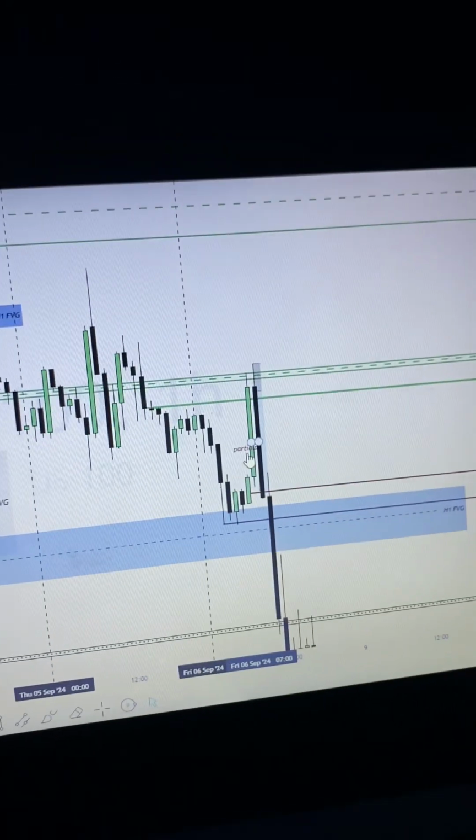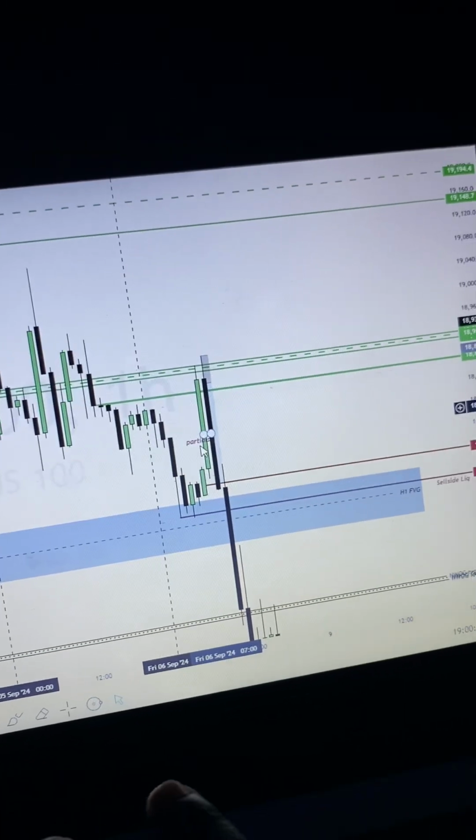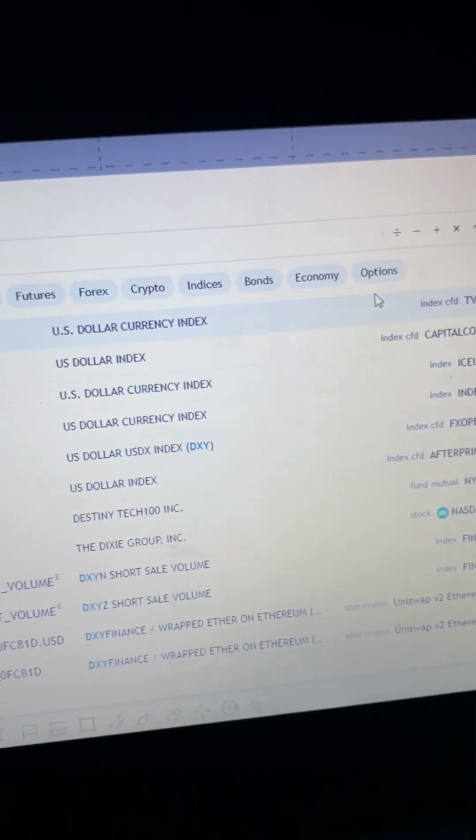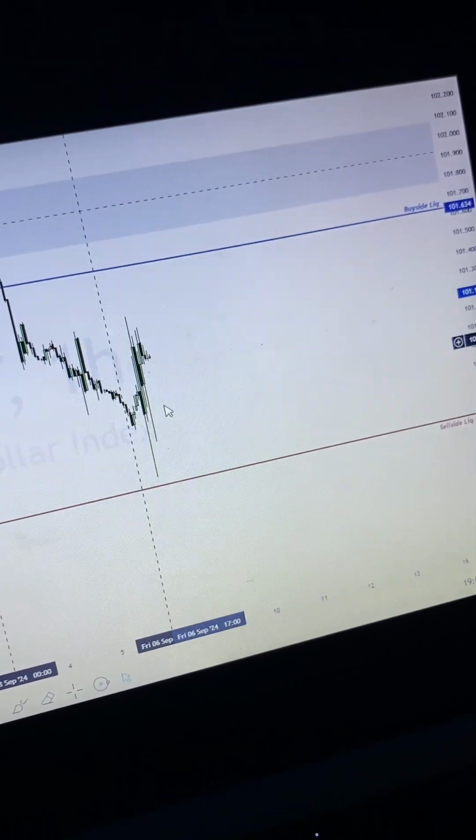But first of all, I'm gonna start on my DXY. I'm gonna show you how the move was clear on DXY. On the dollar, the move this week, this long tail week, this was the move.